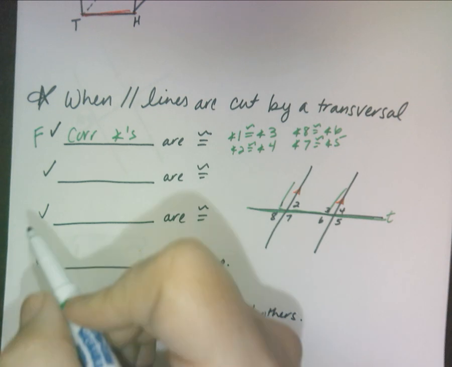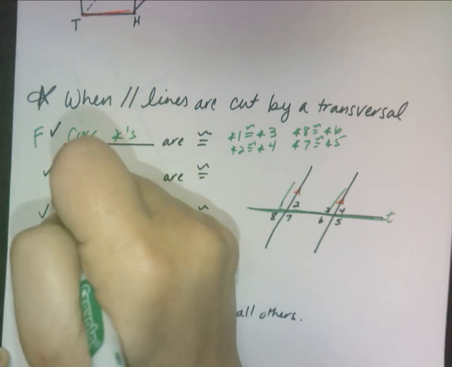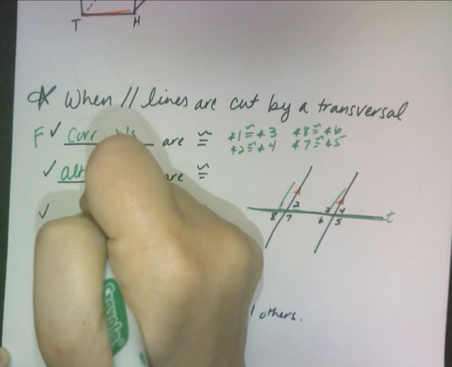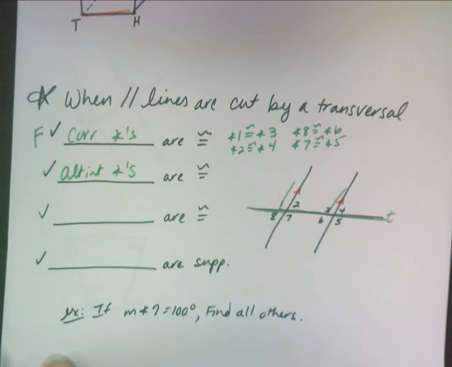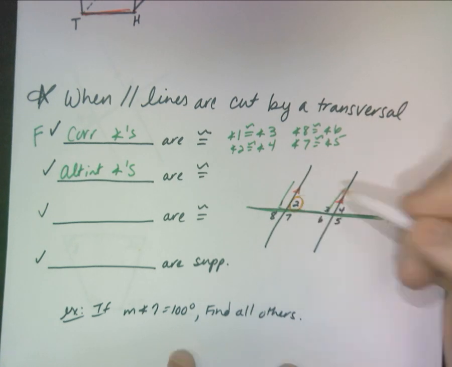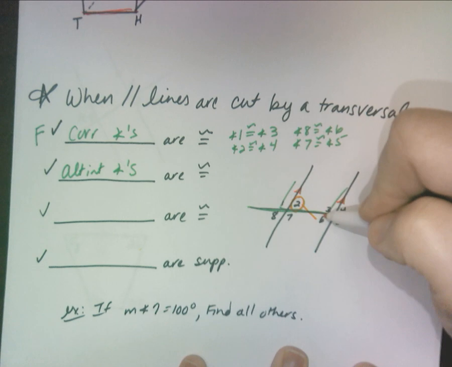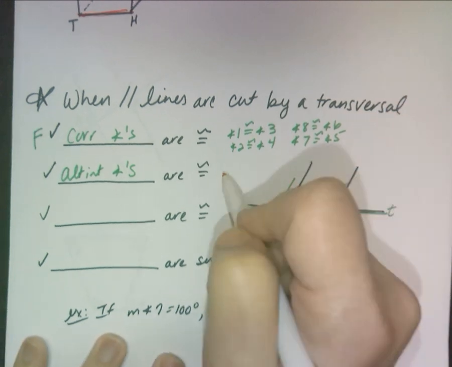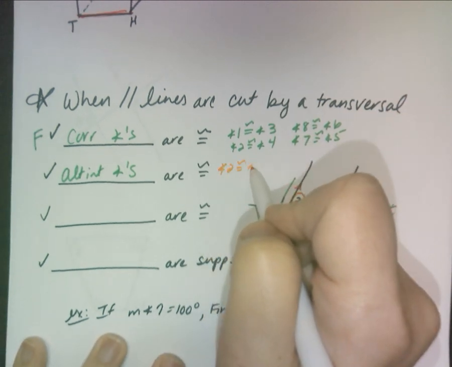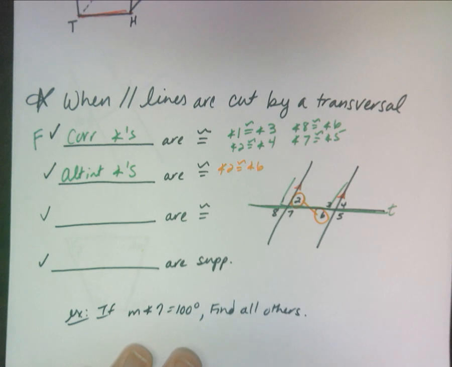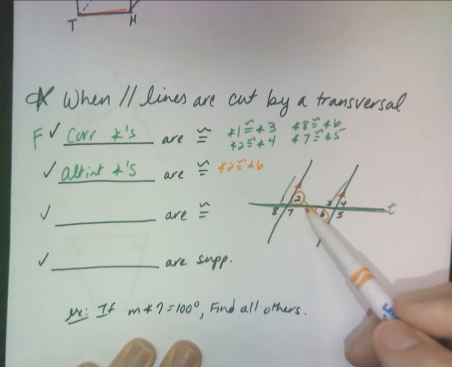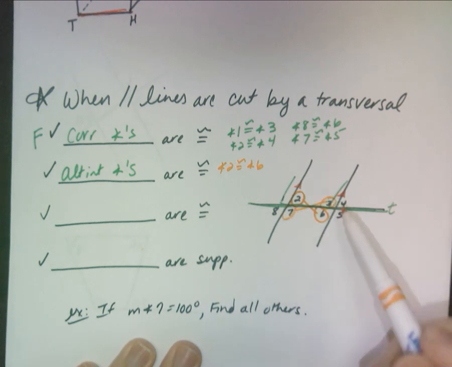Another thing that happens is all of the alternating interior angles are also congruent. Alternating on the interior. So here's 2. What would be alternating on the interior with 2? Here's my transversal. 2 and 6. What else is alternating on the interior? Oh yeah. 3 and 7.